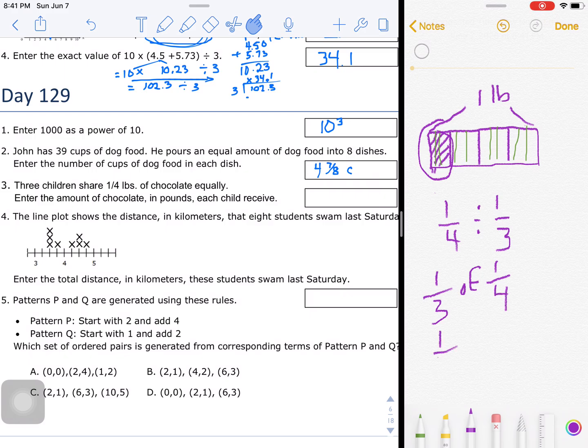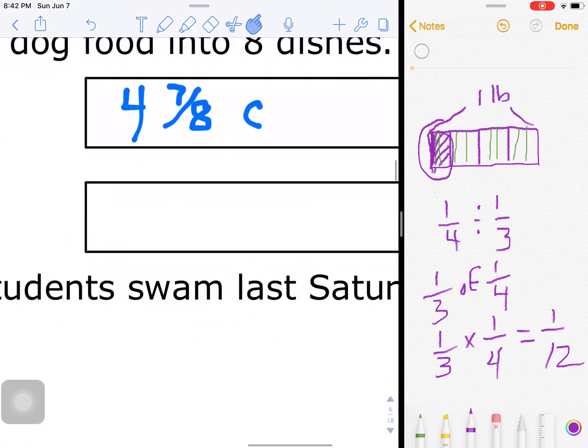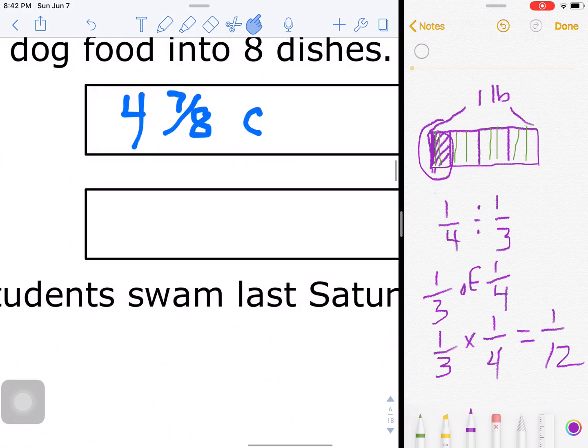And that just takes us to our understanding of multiplying fractions. 1/3 of 1/4 is 1/12. And you can see that there are 12 little green sections in the candy bar. So each child would get 1/12 of the chocolate.